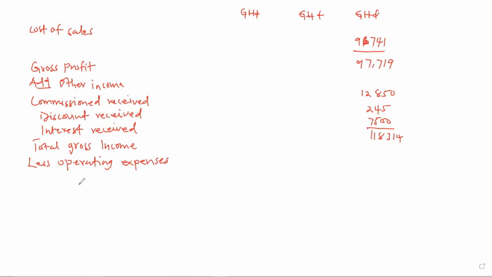So you look through the question, all the operating expenses in the question, you list them. We have bad debt, which is an expense, so you bring it down the second column, which is 4,260.